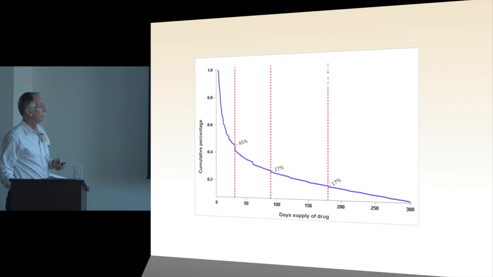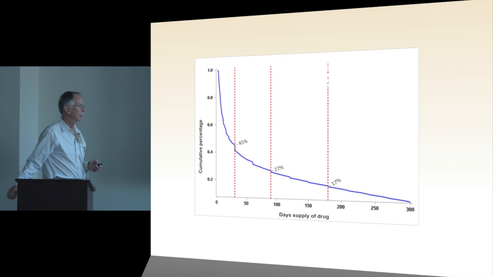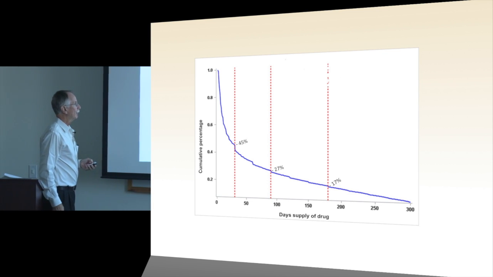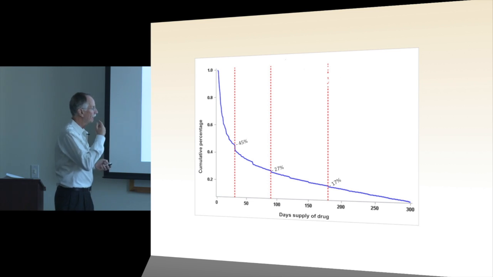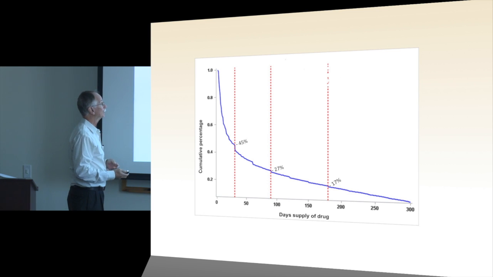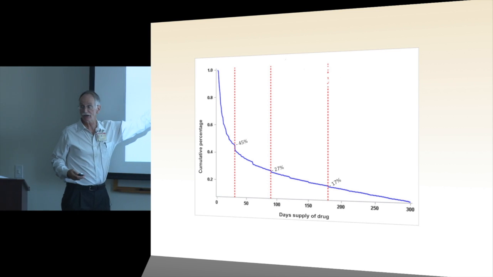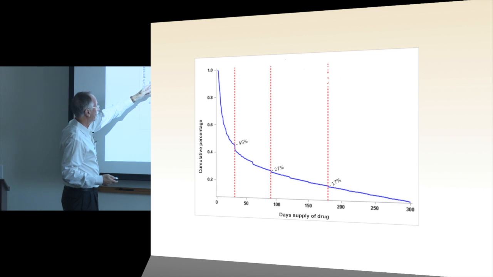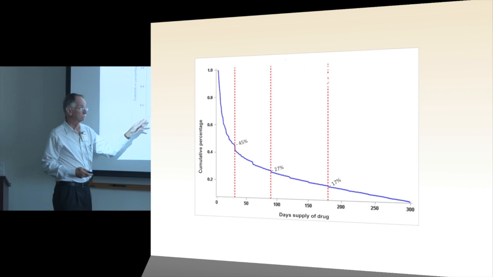Yeah. And this is a cumulative distribution, whatever the opposite of cumulative is, a receding distribution of how many days supply they got versus percent of the people. So of this 35% of people who got one, more than half got a 30-day supply.